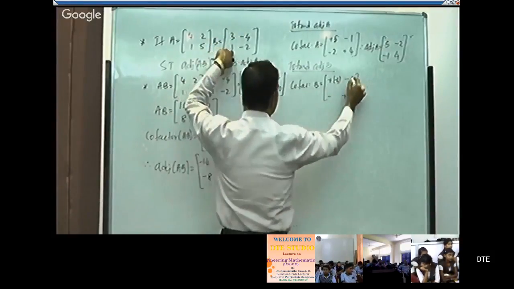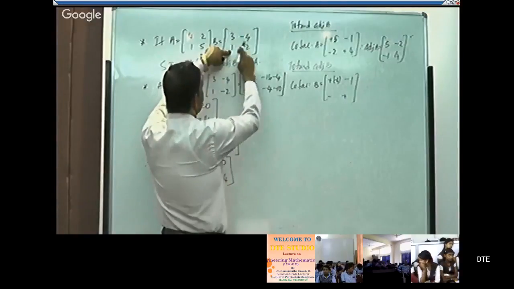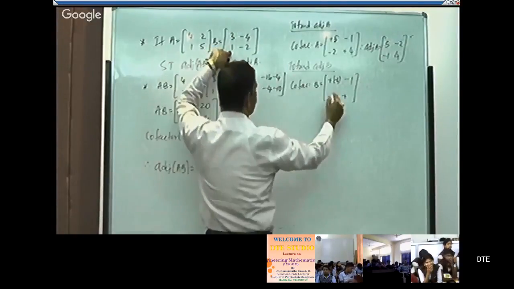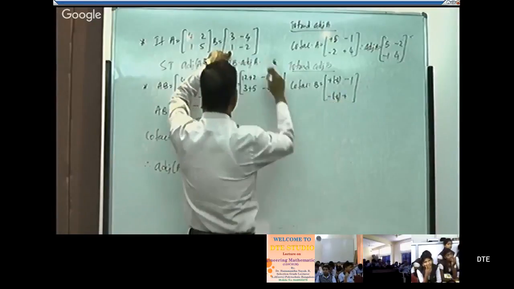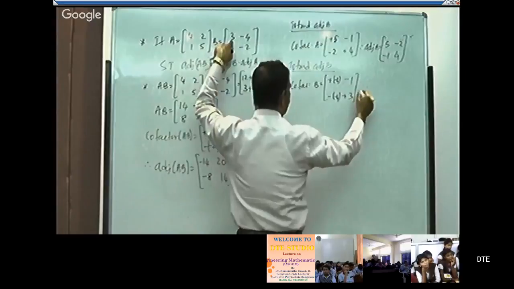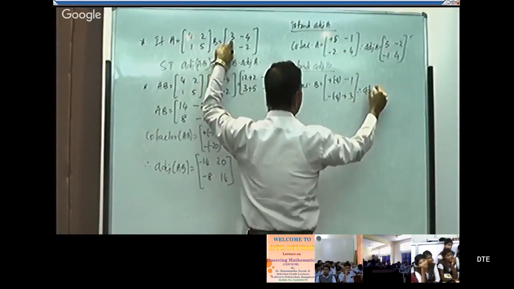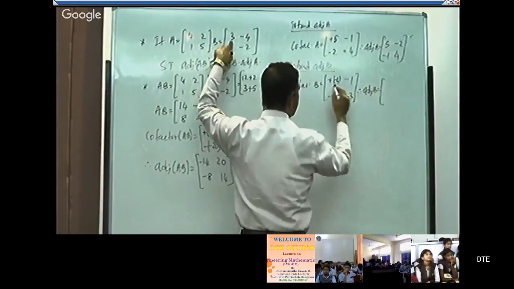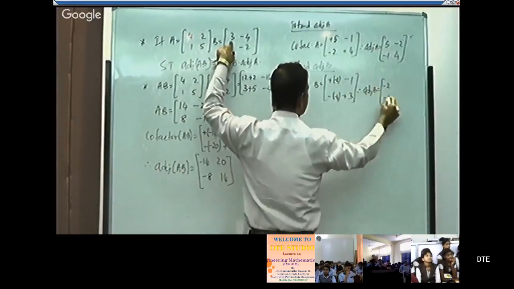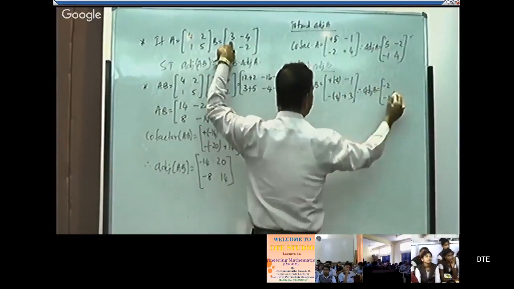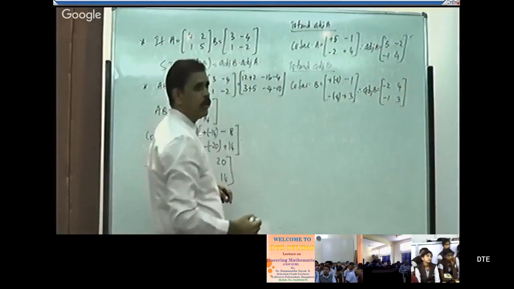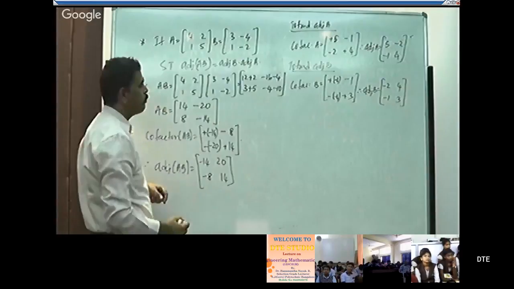It is 1. For 1, deleting the corresponding column and row, it is minus 4. For minus 2, it is 3. Therefore, adjoint of B is equal to its transpose, [-2, 4; -1, 3]. Now I have adjoint of A and adjoint of B.